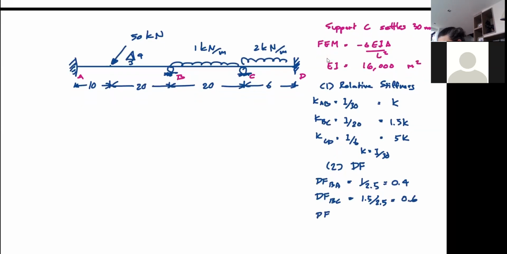DF for CB, that's 1.5 over 6.5, or you can say 3/13. And the last one, CD, it's 5 over 6.5 or 10/13. So that's the distribution factors.